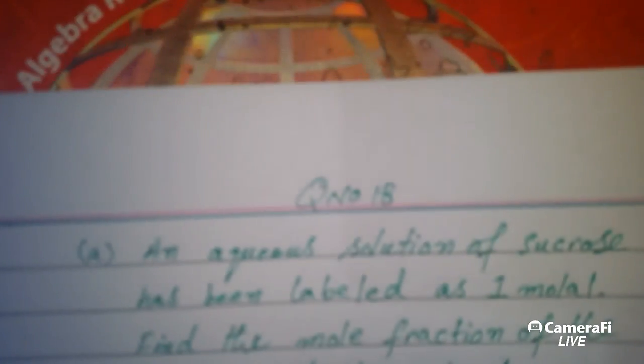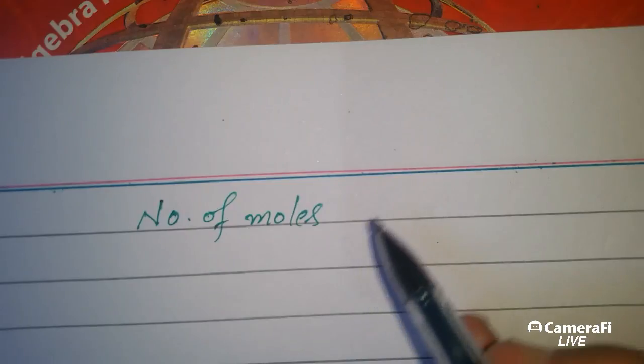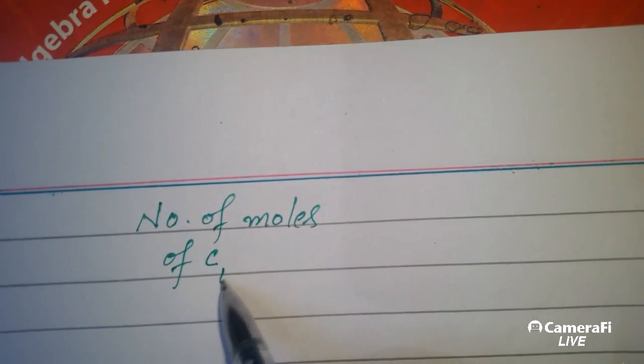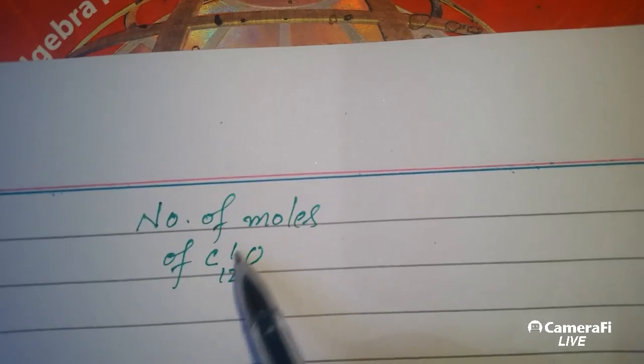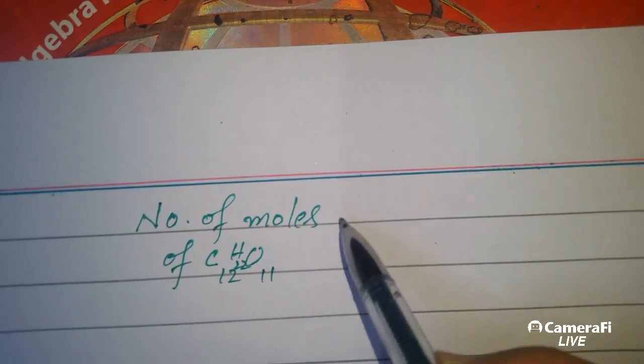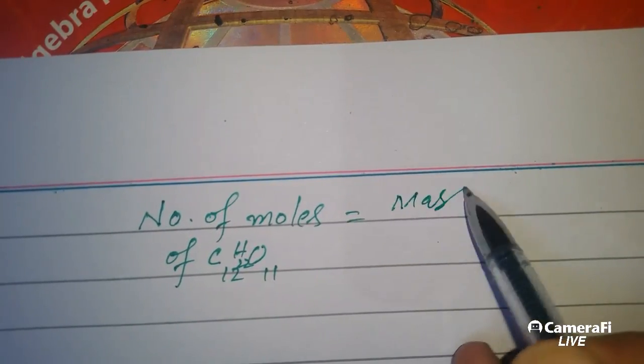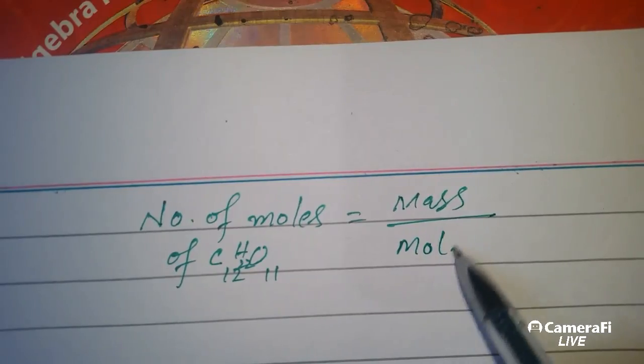Number of moles of C12H22O11 is equal to mass over molar mass.